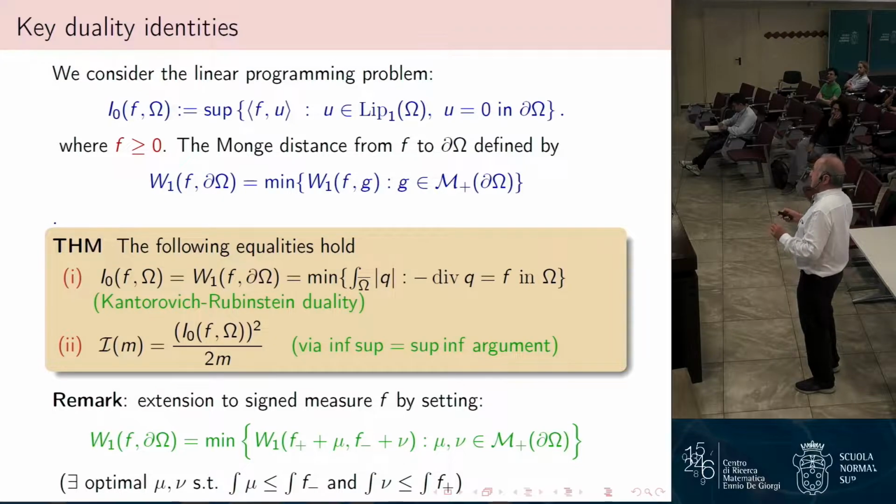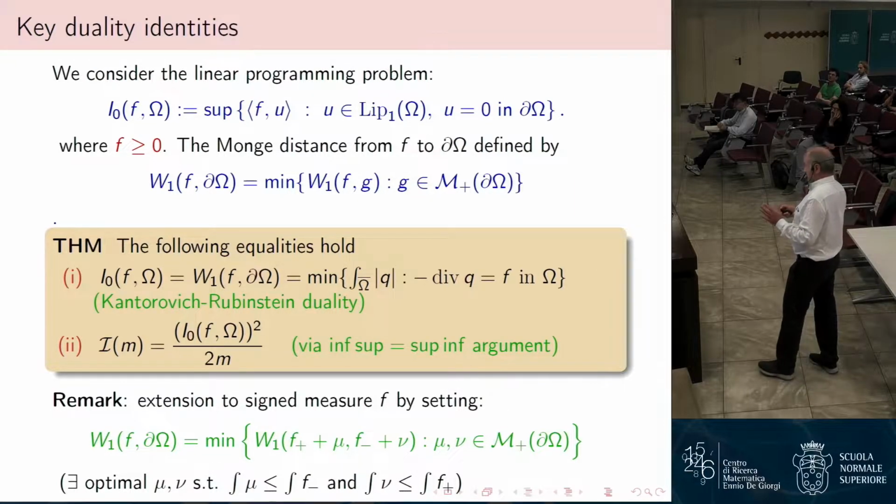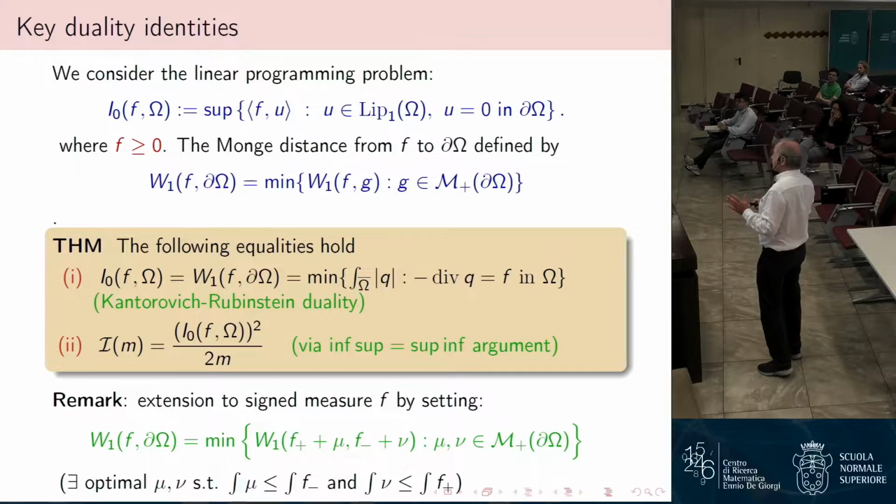That means that this first equality between the supremum and the infimum defining W1 comes from Kantorovich-Rubinstein, and this is the usual dual problem which corresponds to this problem here.